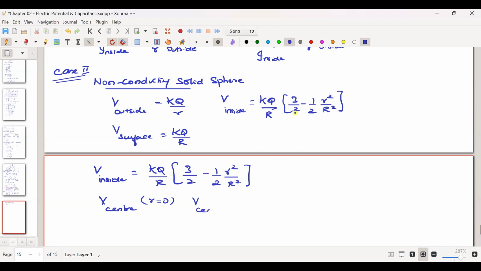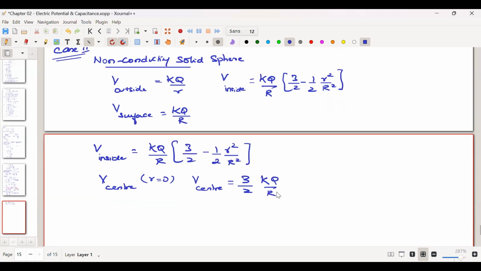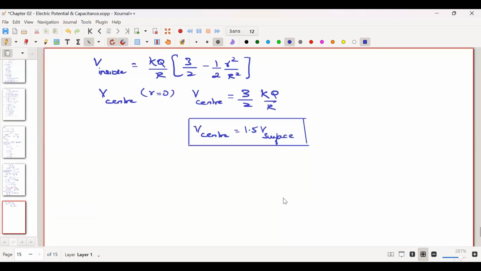V center will be 3/2 times KQ by R. And KQ by R is nothing but the surface value. So can I write V center as 1.5 times V at surface? Yes. So remember this expression. Clear? Yes.